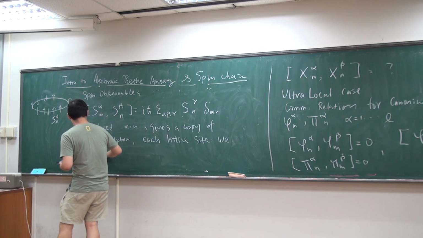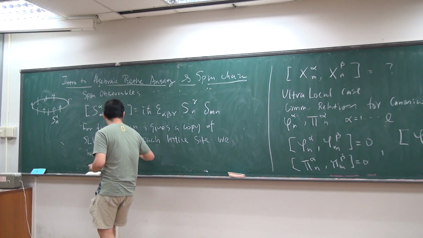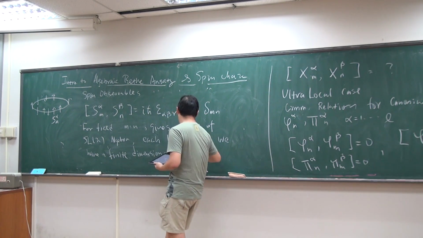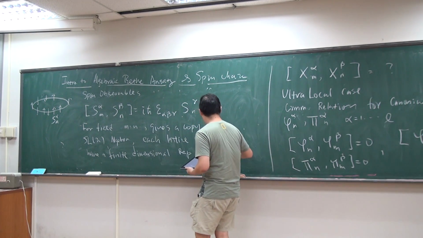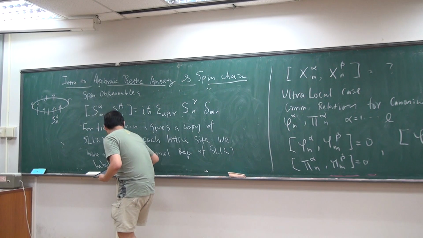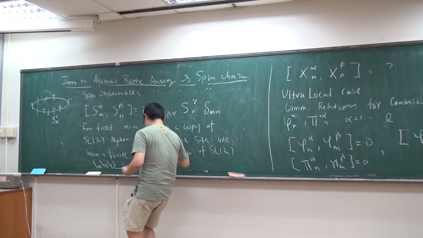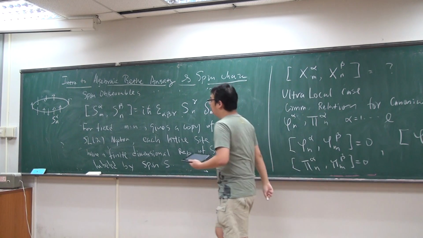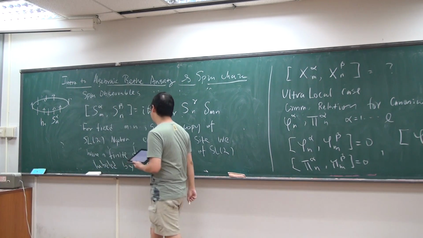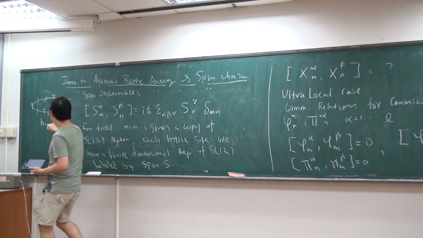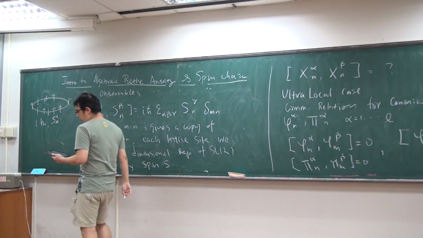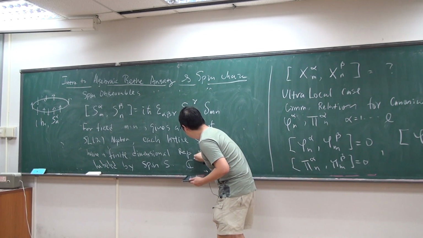We have a finite dimensional representation of SL2 labeled by spin S. So this representation of SL2, or sometimes in this lecture a kind of Hilbert space sitting precisely at the site n, we'll denote as H_n. It has dimension 2S plus 1.